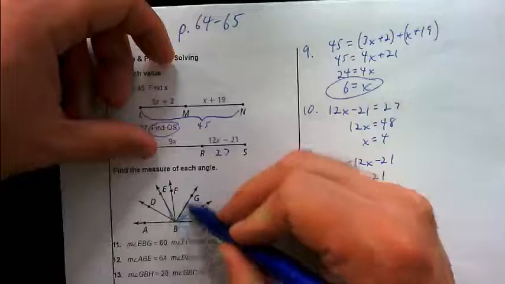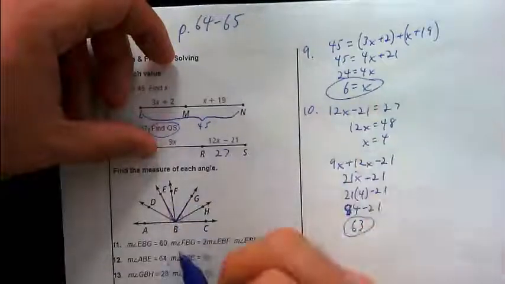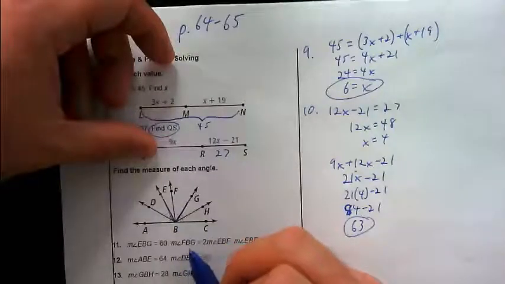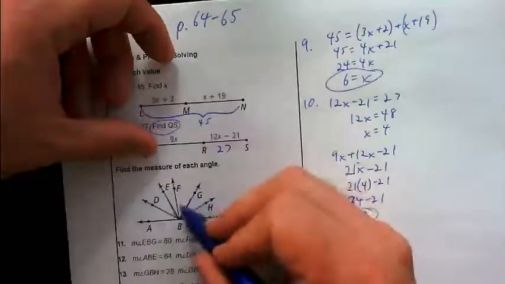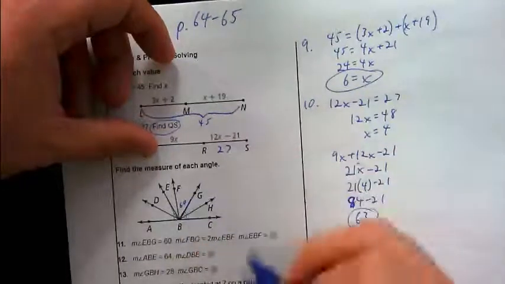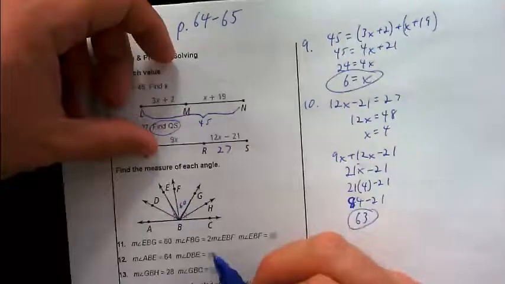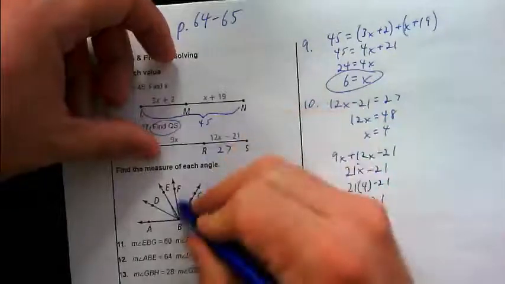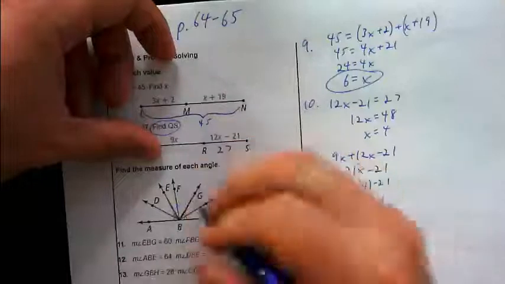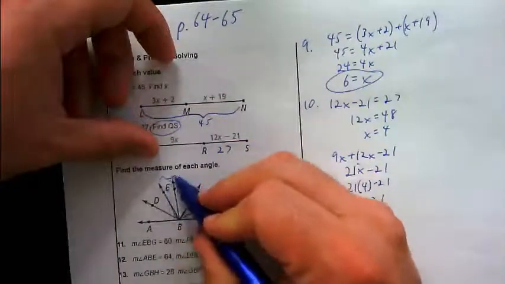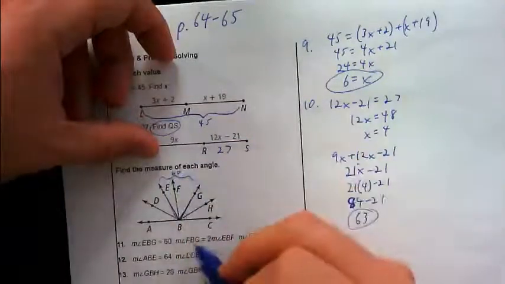So that's this one right here is 60. FBG, that's saying that that's 60. Sorry, I said that wrong. This whole thing is 60. From here to here is 60.